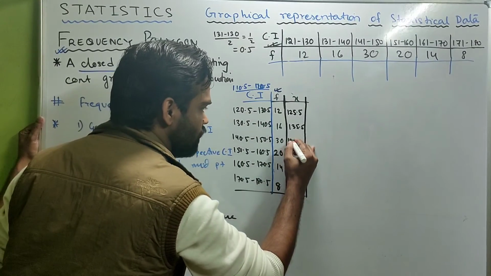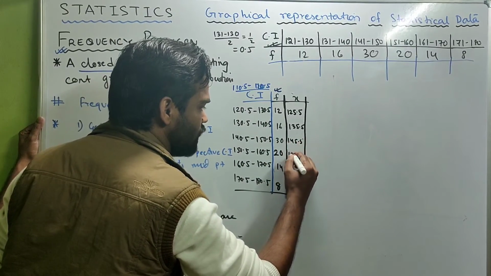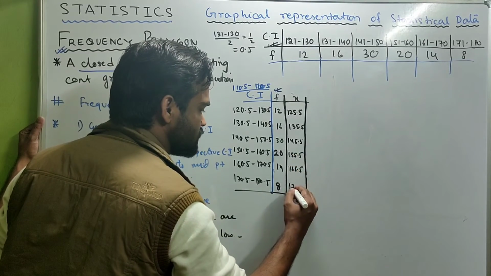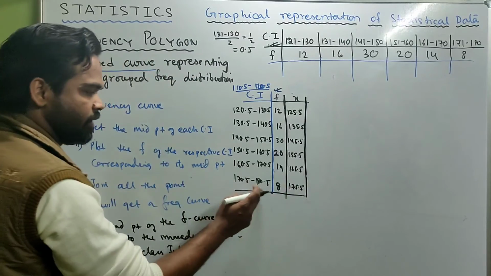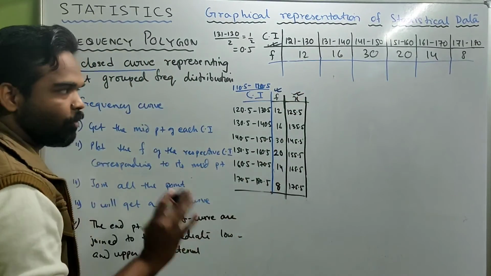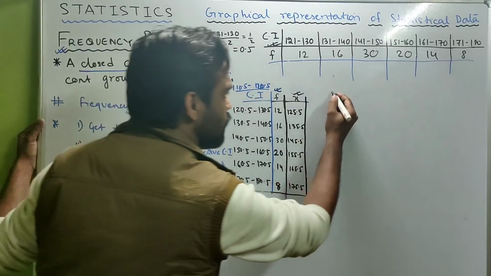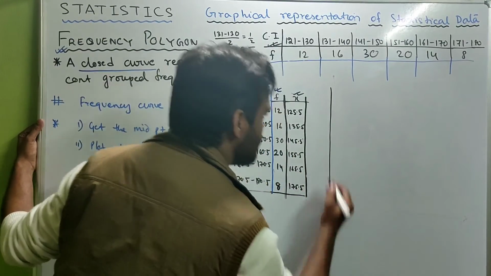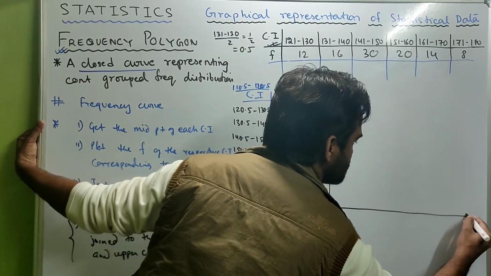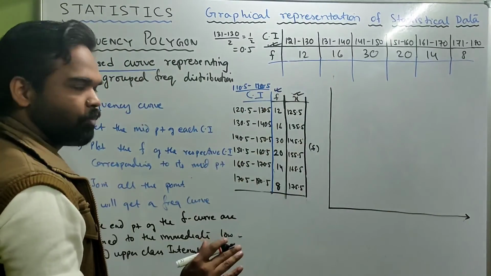This becomes 145.5, 155.5, 165.5, 175.5. So we have the midpoint as well as the frequency. I'll plot the frequency along the y-axis and the midpoints, the class marks, along the x-axis.